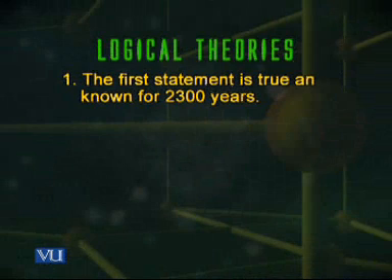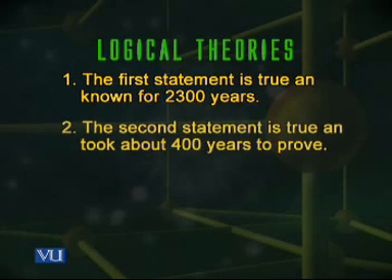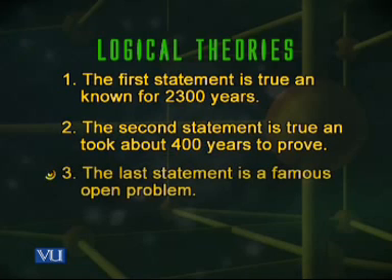So we have seen these three statements which look very simple. They're formal statements in number theory, and the status of these statements is as follows. The first statement is known to be true for 2300 years. The second statement is true and took about 400 years to prove. The last statement is a famous open problem.